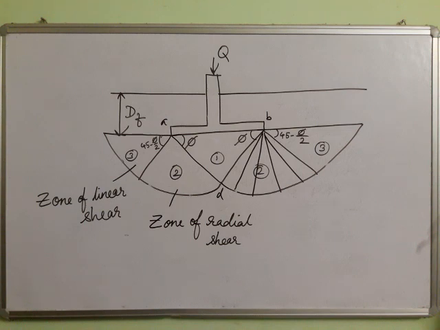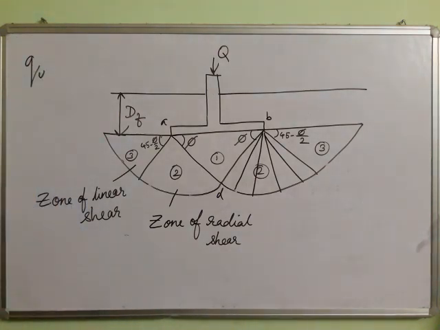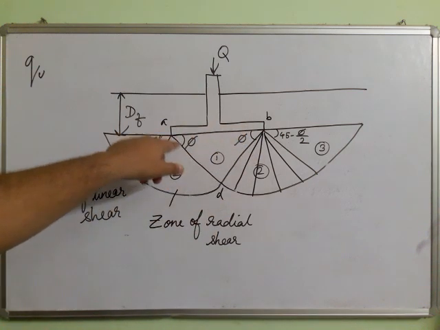Now, how do we find out QU? What is QU? It is the total load intensity that is falling. For QU, you have to balance the forces on the triangular portion, the triangular wedge. So we will be doing the balance of forces here.